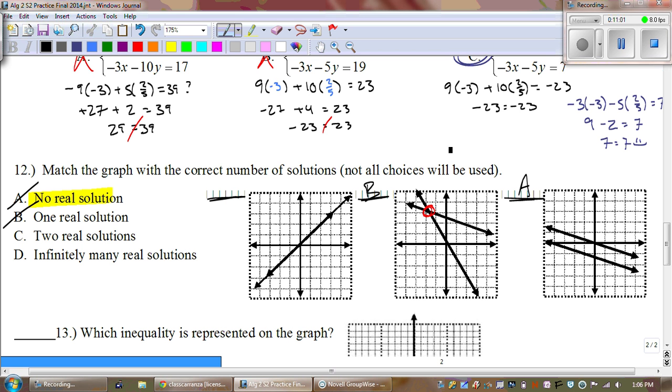So we did A, we did B. Two real solutions or infinitely many real solutions. Well, I know that infinite solutions is when it's the same exact line. And doesn't that look like what number 12 is? Yeah. Okay. So for 12, the last one is D, infinitely many solutions.